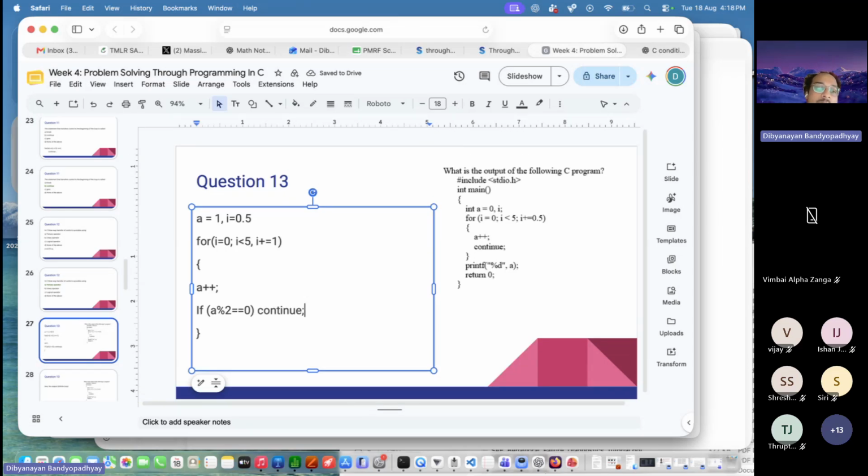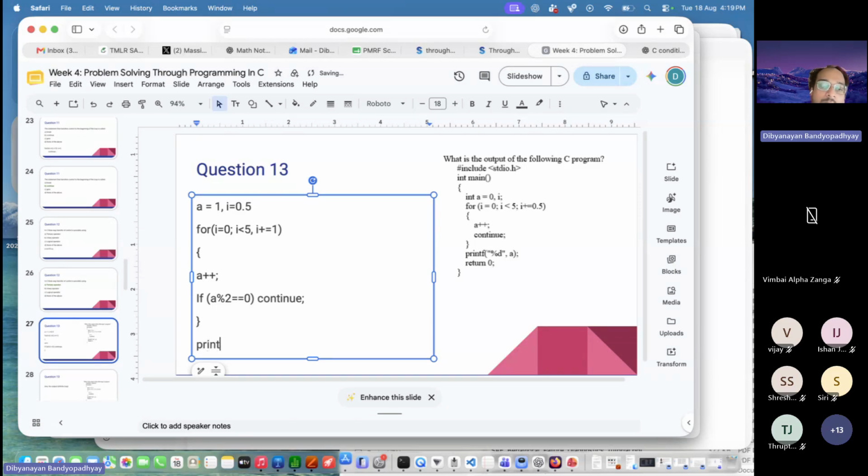So what does it mean actually? If you look at the program, what happens? Let's say a plus plus and then printf a. If you run this program in your mind, i is equal to 0, then a plus plus happens.